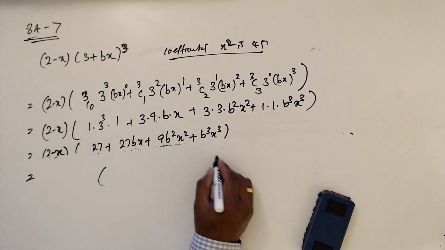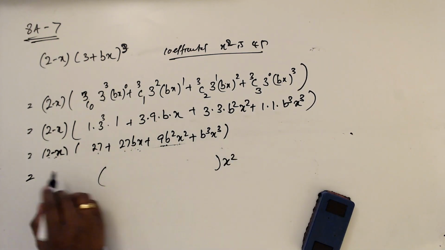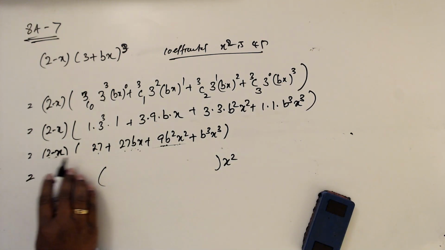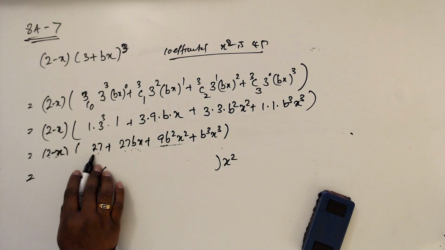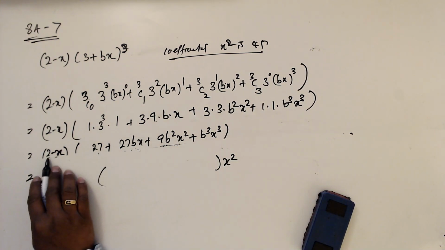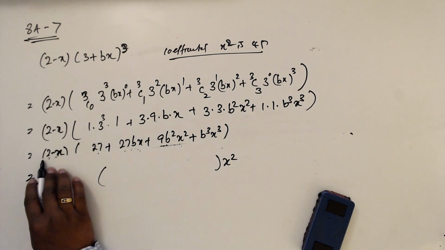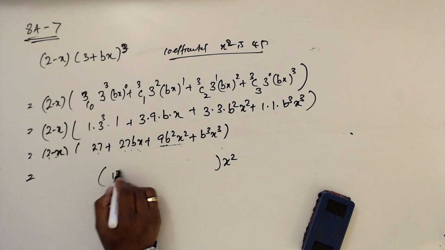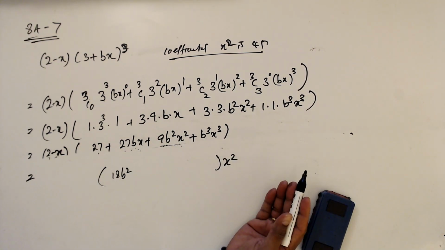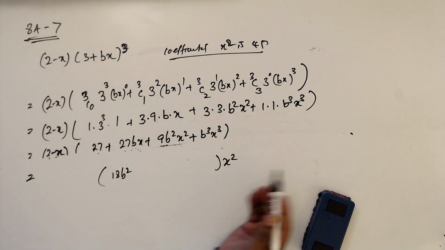So we need the x square term. Which term, when you multiply by 2, will get an x square? When you multiply 2 by 27, will you get x square? No. 2 by 27bx, no x square terms. Only the x square terms. Then 2 times 9b square, 18b square. And 2 times b cube is going to be a cubic one.